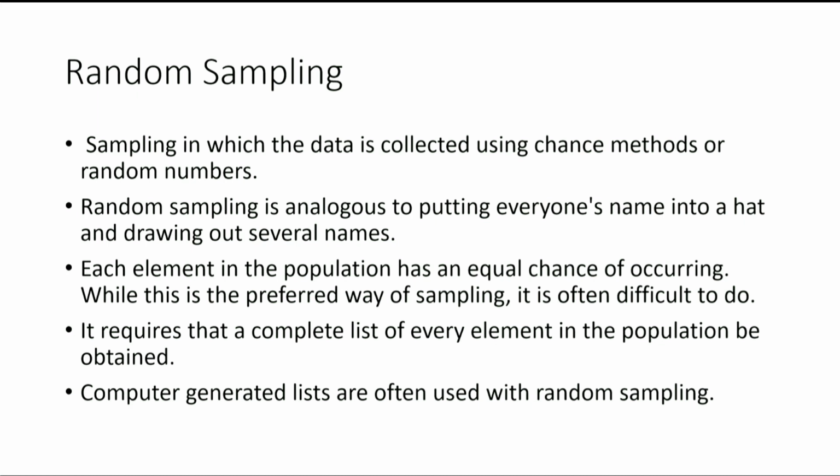That is, they have equal chance of being picked to represent that particular population. While this is a preferred way of sampling, it is often difficult to do. It's required that a complete list of every element in the population be obtained. Computer generated lists are often used with random sampling.